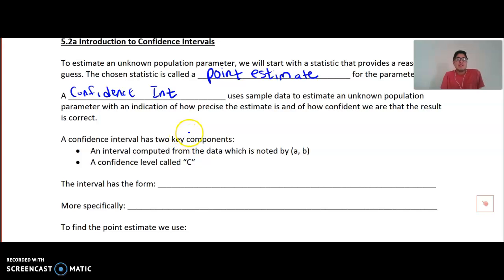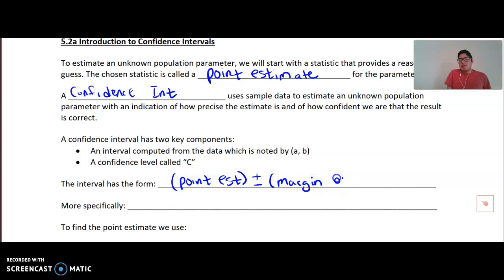So a confidence interval has two key components. An interval computed from the data, which is noted by parentheses A to B, and then a confidence level, which we call C. Now, a confidence interval has this general form here. It's got the point estimate, and so I'll keep that in one group, plus or minus what we call our margin of error.